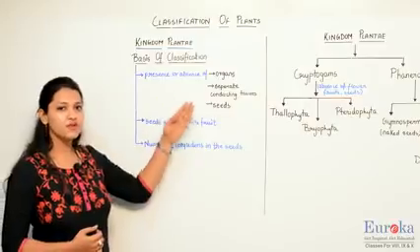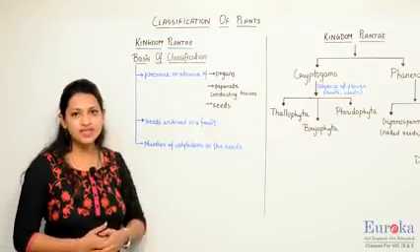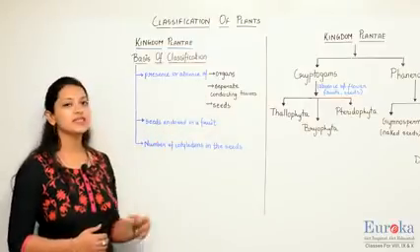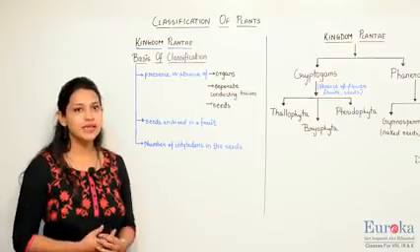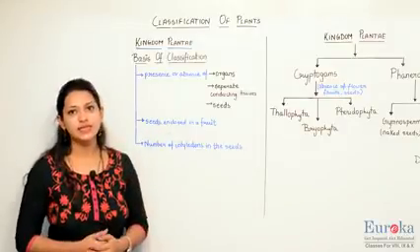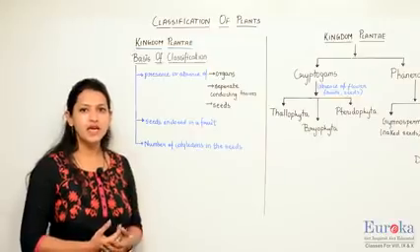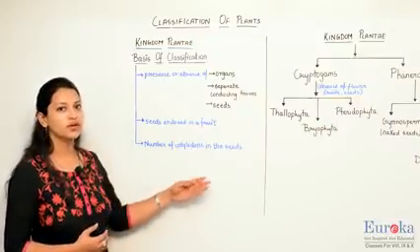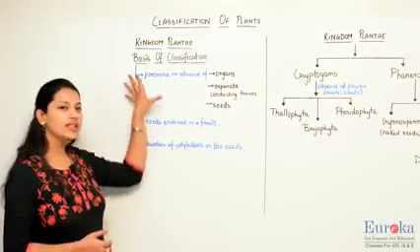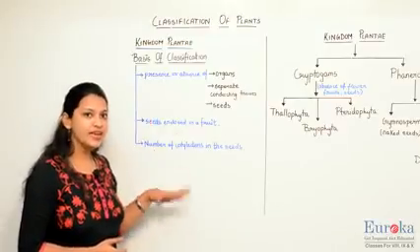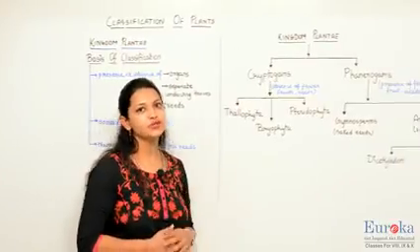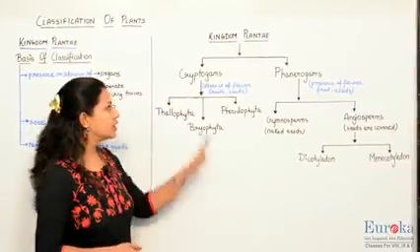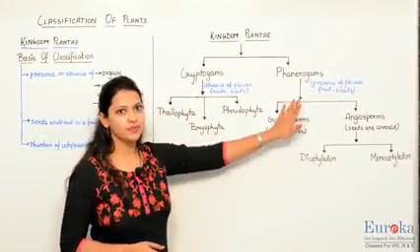What points are being considered while classifying the kingdom Plantae? Whether there is the absence or presence of particular organs in the plants, the absence or presence of separate conducting tissues, the absence or presence of seeds. If seeds are present, are they enclosed in a fruit or not, and the number of cotyledons in the seeds. Taking all these points into consideration, we classify the kingdom Plantae into broadly 2 categories, cryptogams and phanerogams.